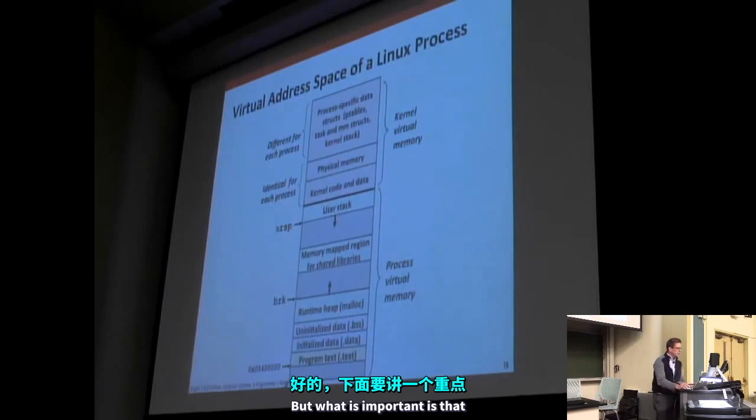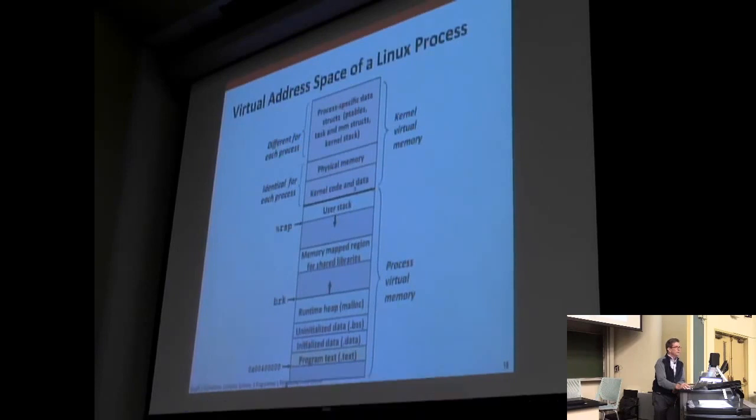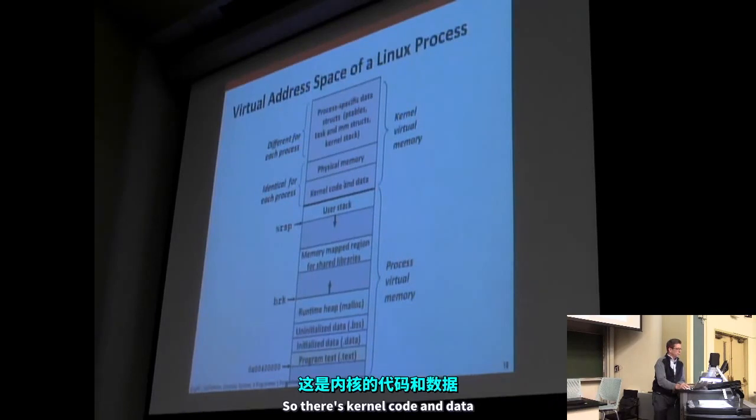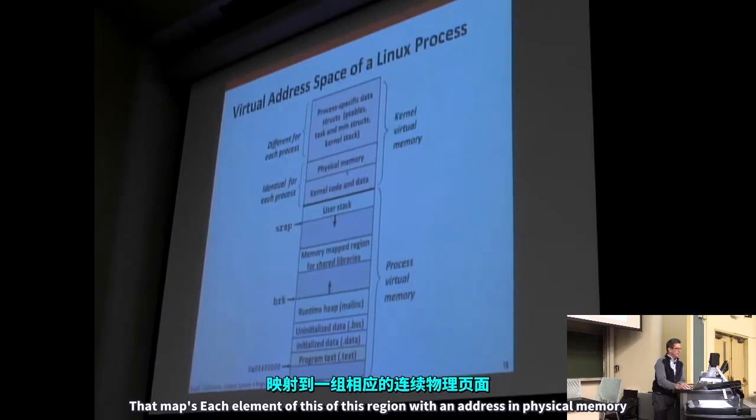But what is important is that this is the virtual address space of a process. And so the kernel exists in the virtual address space of each process. There's kernel code and data, and it also has a region of its virtual address space that maps each element of this region to an address in physical memory.